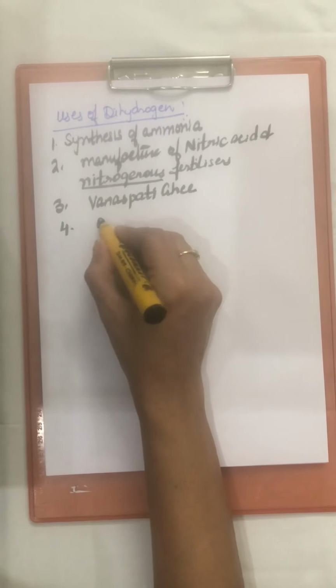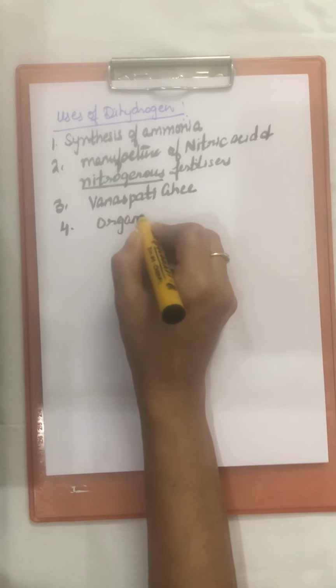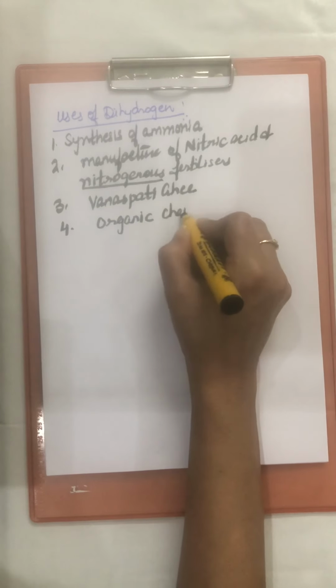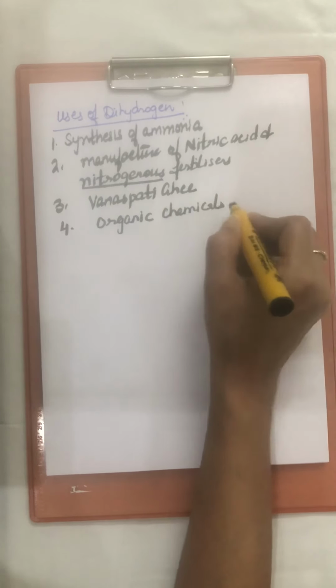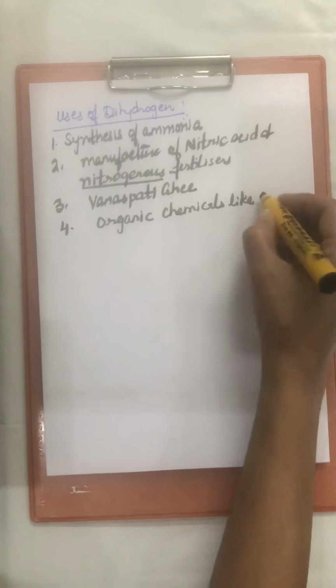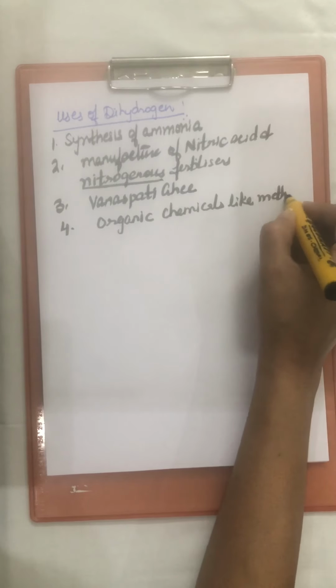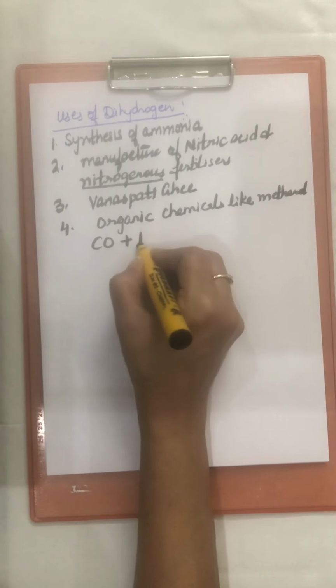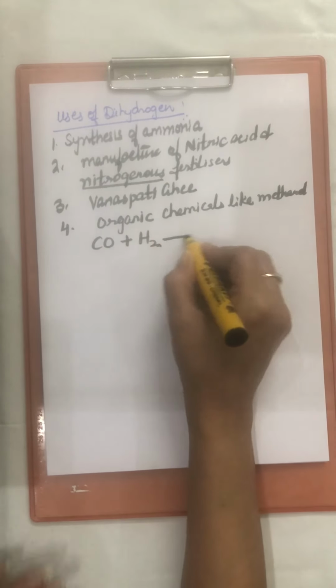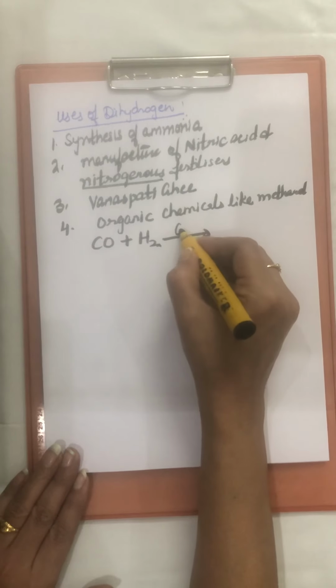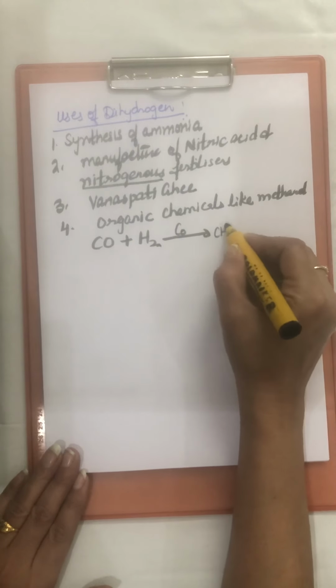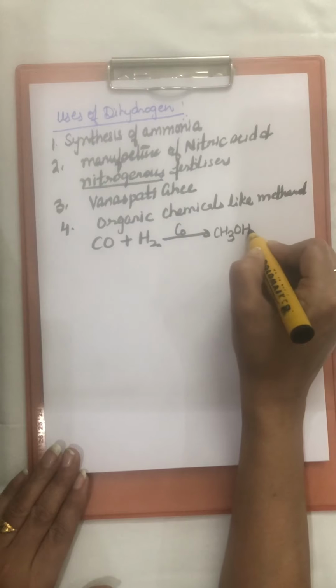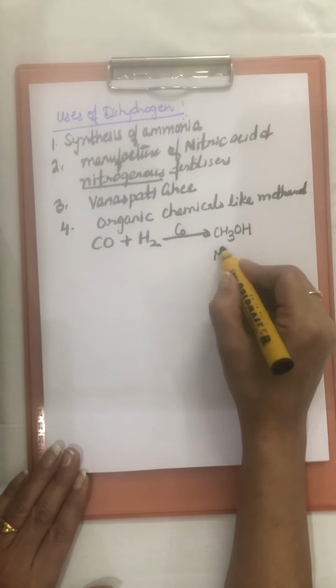In manufacture of organic chemicals like methanol. For example, carbon monoxide reacts with hydrogen in presence of a catalyst, cobalt, and it forms methanol.